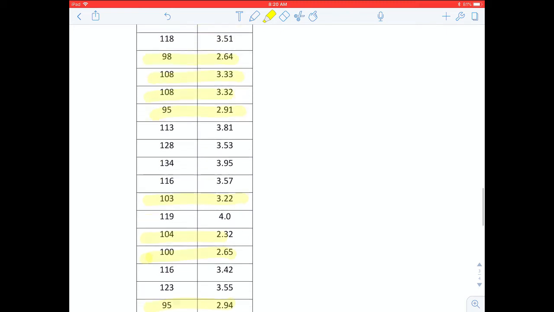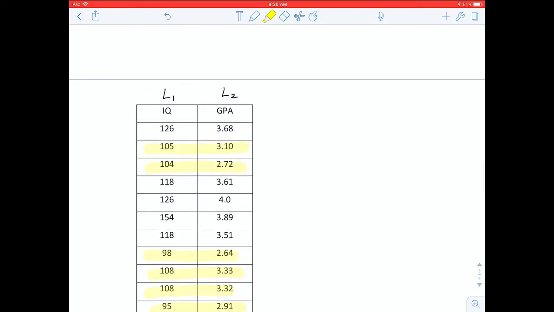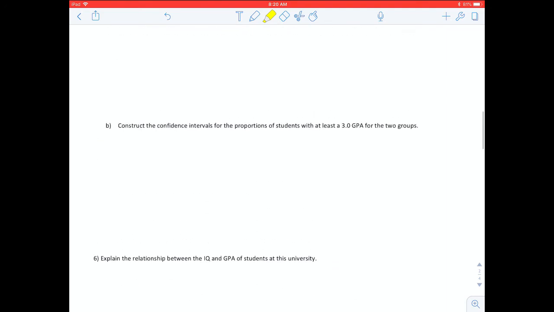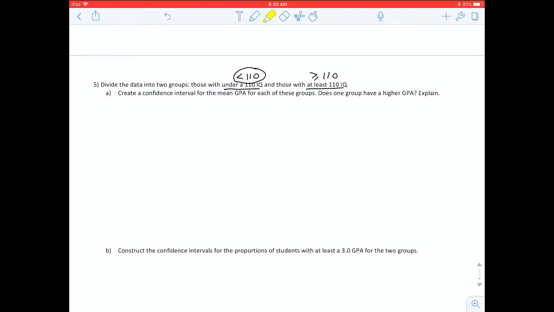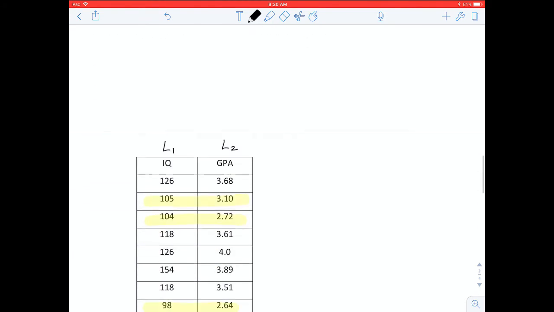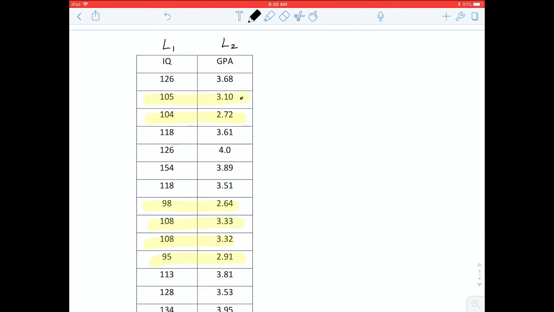Okay, now the actual question was about their GPAs. That's why I was saying this one is a little bit more challenging, because right here it's talking about what's their average GPA. So now what you need to do is, for all of these GPAs, you need to put them in a list.